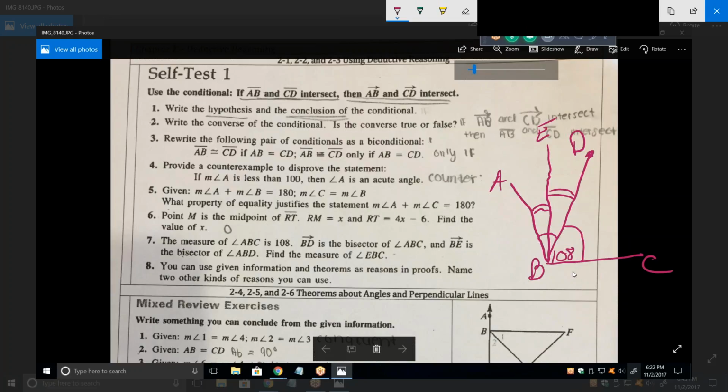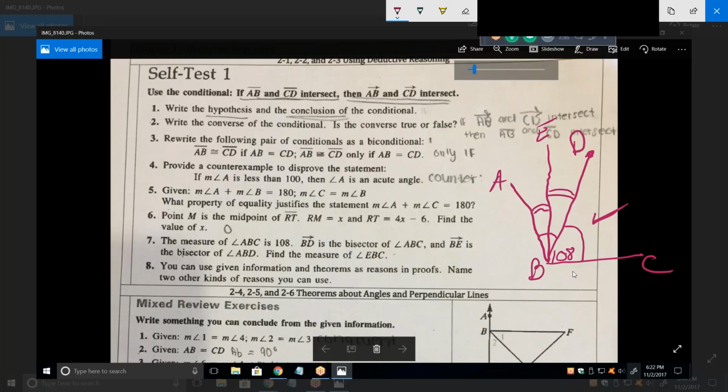All right. Find the measure of EBC. Well, let's just find the measures of all the angles we're looking at. What's this one right here? Right where I got the check mark. What's that angle? Remember what the 108 is.